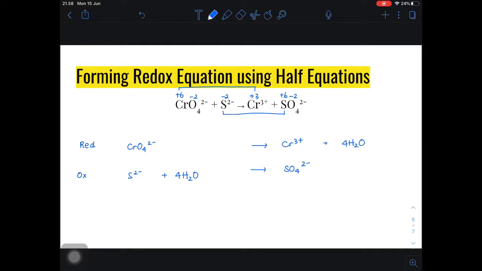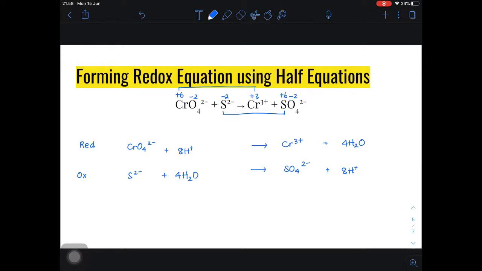Now balance out the quantity of the hydrogen ion. Now we need to balance out the charge on the left and on the right for both processes.